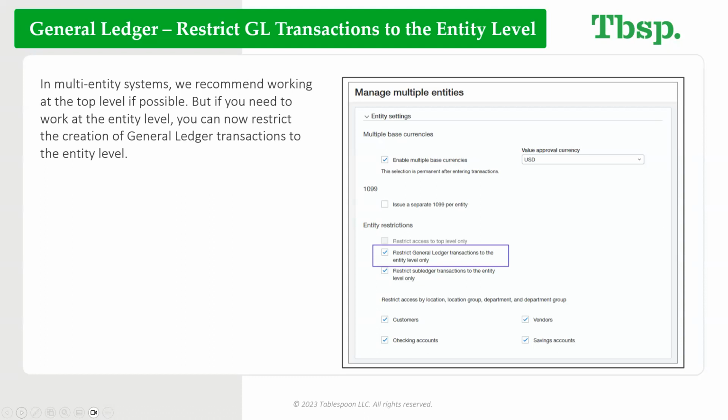As you see here, there is a checkbox under the general ledger configuration that now allows you to utilize this feature and to restrict, where applicable, general ledger transactions, journal entries, etc., at the entity level, and keep them there.